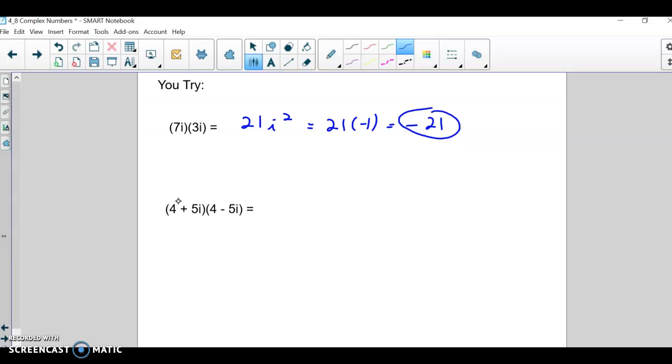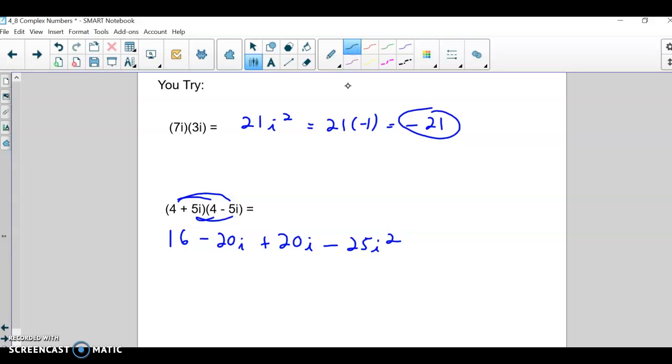Okay, next one, again, we're just going to FOIL. So 4 times 4 would be 16. 4 times negative 5i would be negative 20i. 5i times 4 is positive 20i. And then 5i times negative 5i would be negative 25i squared.